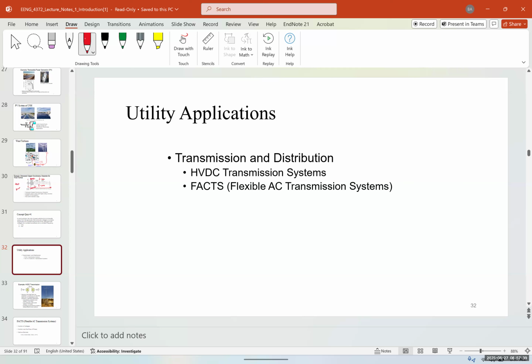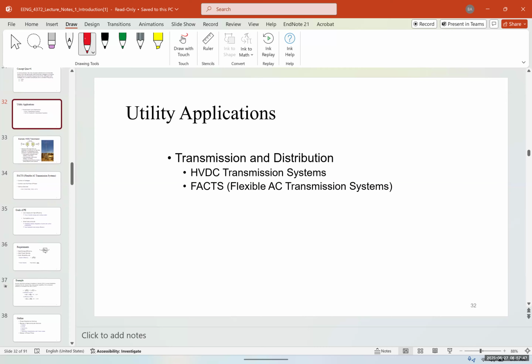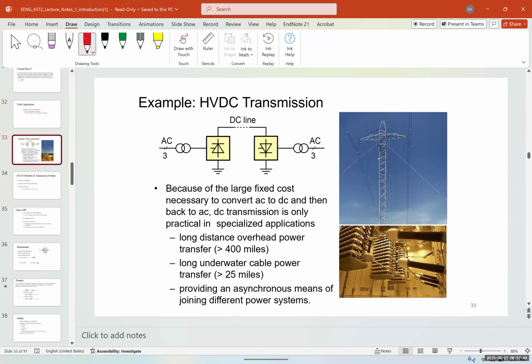Some utility applications, we have the transmission and distribution, HVDC transmission system, and the FACTS, which is flexible AC transmission systems. One example is for HVDC or high voltage DC transmission. This system is usually used if it's above 400 or 500 miles.